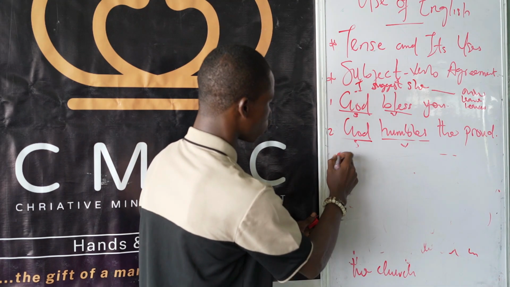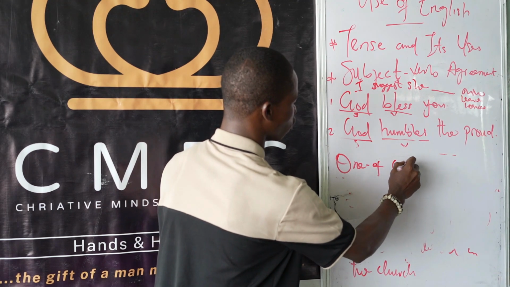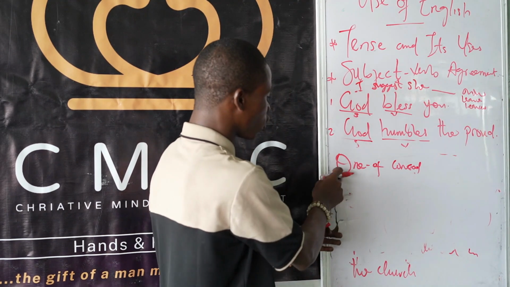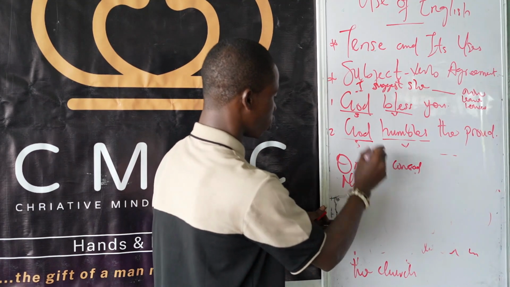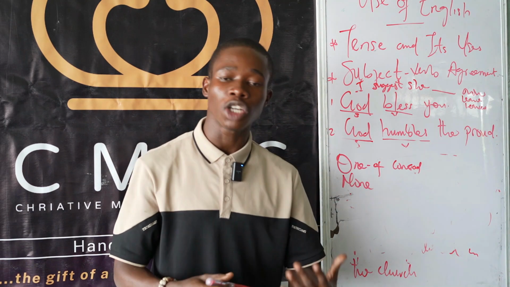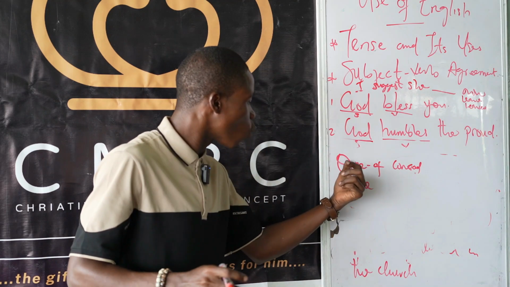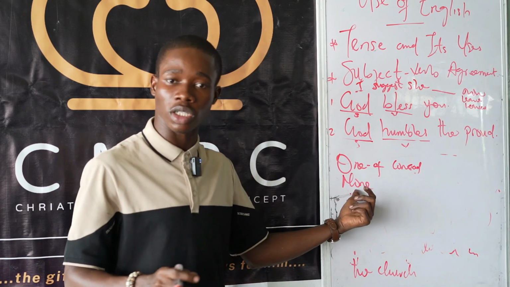We are going to say one of this, they call it one of Concord. But this one of also goes with none. The rule says when one is taken out of many, the verb agrees with this one and with this none. What do I mean?